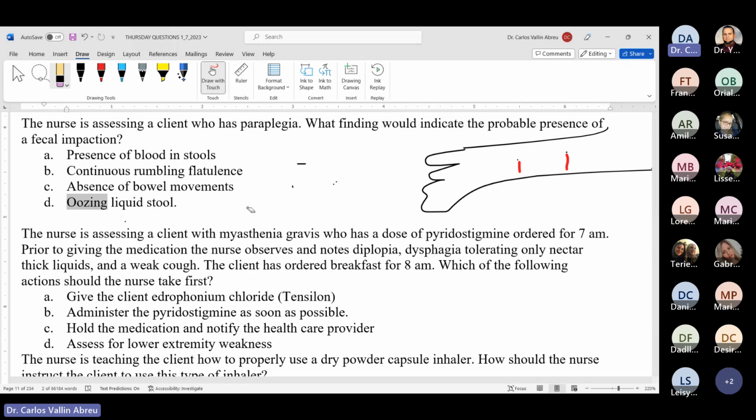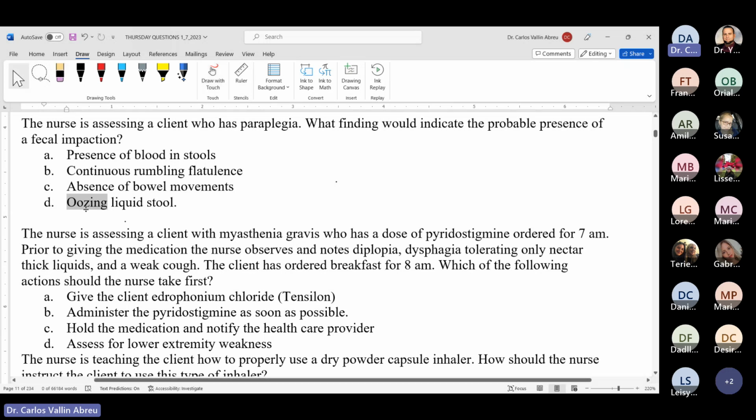By experience, some students don't understand what it means when they see this word, and they could have problems. So oozing means continuously leaking, or allowing the expulsion of a small amount of liquid poo, but continuous, okay?